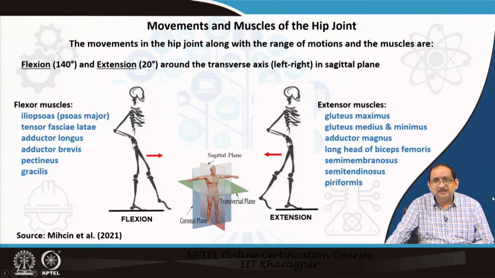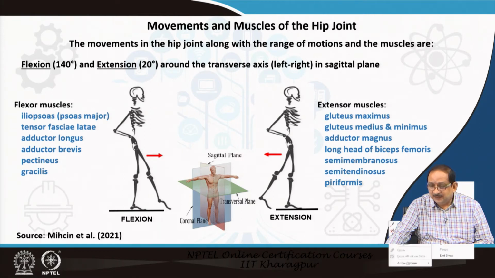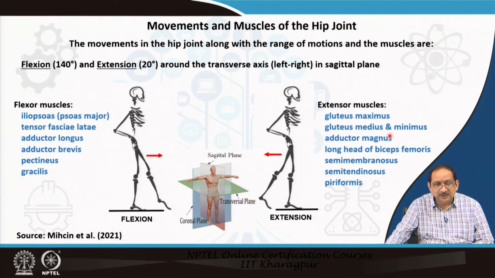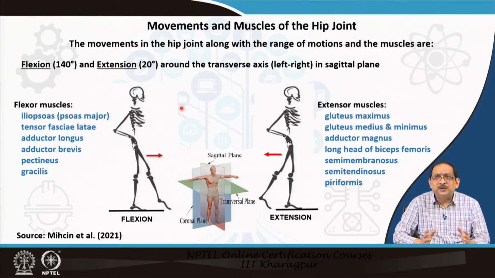The maximum range of motion is indicated within brackets as shown here for flexion and extension, and the muscles responsible for the movements are listed beside each figure that represents a particular movement. Now, the hip joint offers quite a large range of motion.